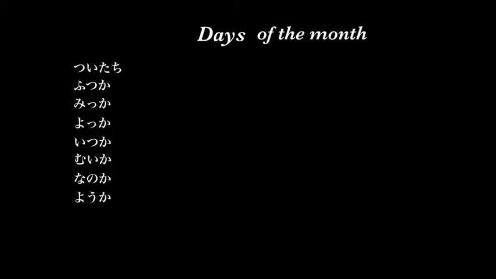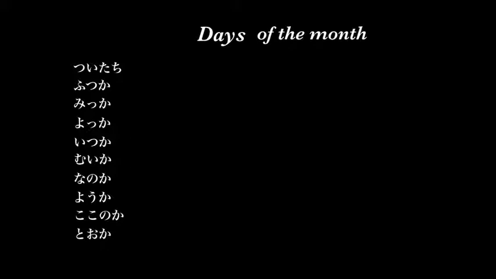We have to be careful because sometimes there's a confusion between the fourth, yokka, and the eighth, yoka. The ninth is kokonoka. And toka is the word we use for the 10th day of the month, noting that we use an o for that long o sound.